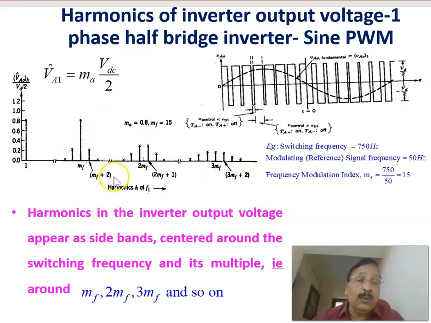Here this is the fundamental output voltage, and its maximum value is given by MA into VDC by 2, where the levels are plus VDC by 2 and minus VDC by 2. Therefore, by changing the modulation index, we can vary the maximum value of the fundamental voltage.